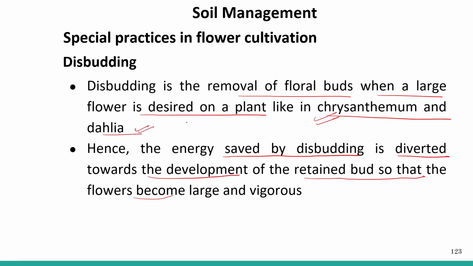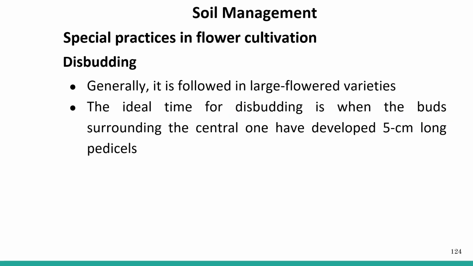So the extra buds or floral buds are removed so that only the desired buds bloom in a proper way, right? Generally, it is followed in large flowering varieties. So this type of practice is done in a flowering plant that has large flowers.